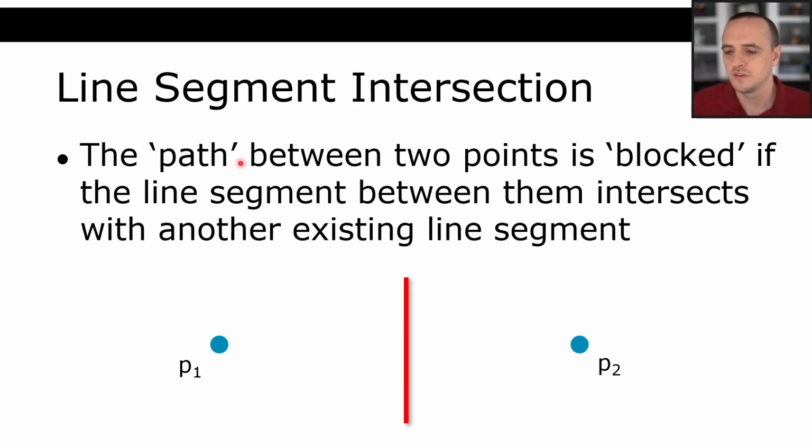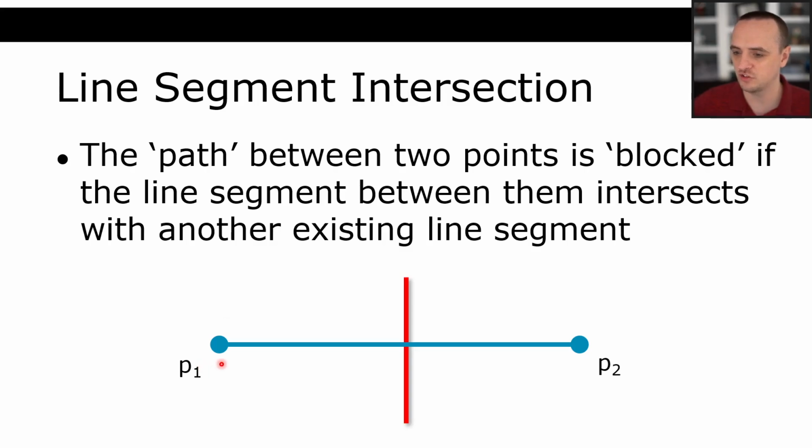The path between two points is blocked if the line segment between them intersects with another existing line segment. So, for example, if we draw a straight line segment between P1 and P2, and this intersects with another line segment, then it is blocked, right? There is no line of sight between those two things. So that's the line segment intersection problem.